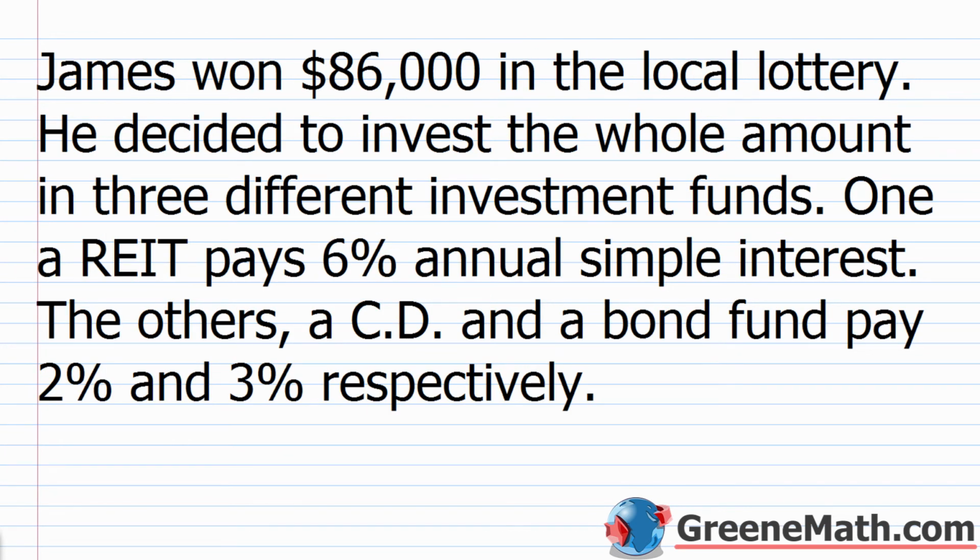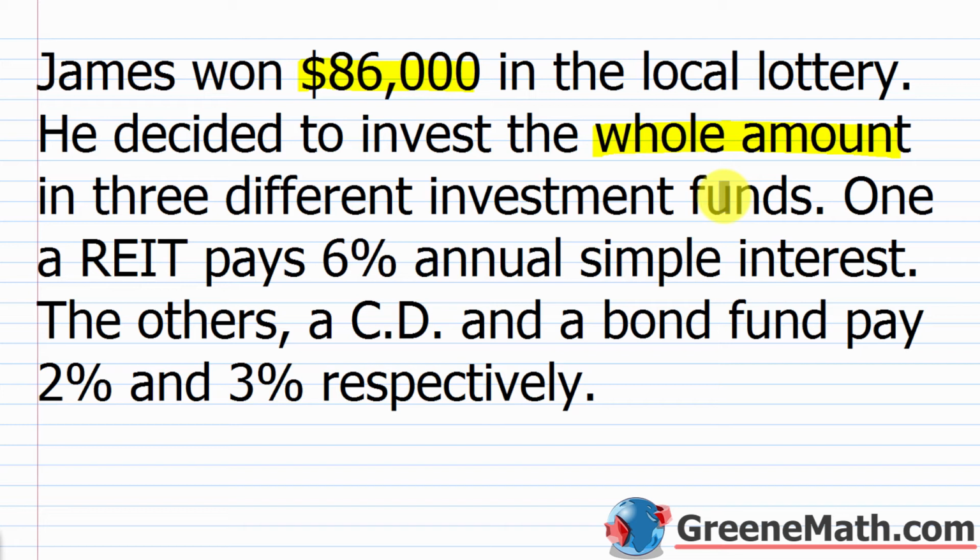So the first one would come from this. James won $86,000 in the local lottery. He decided to invest the whole amount. So all of it, that's basically telling me that $86,000 is going to be involved here, in 3 different investment funds. So between the REIT, the CD, and the bond fund, there's a total of $86,000 in them.